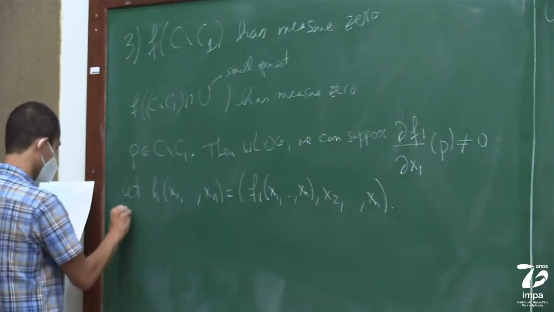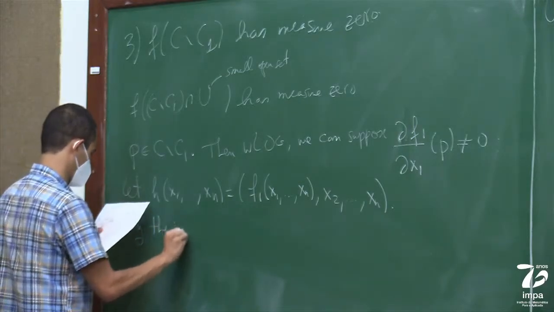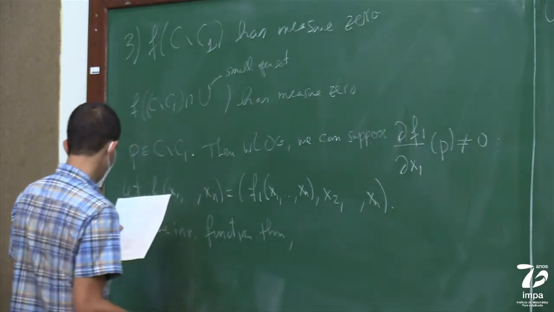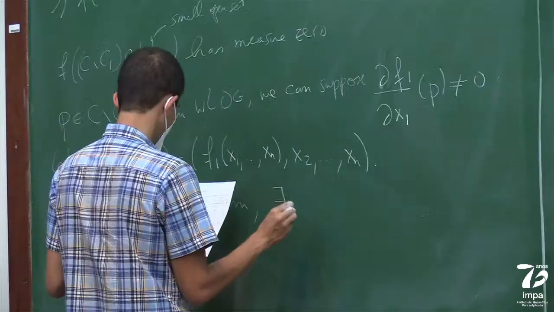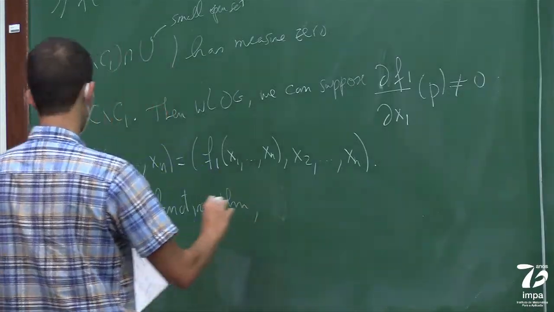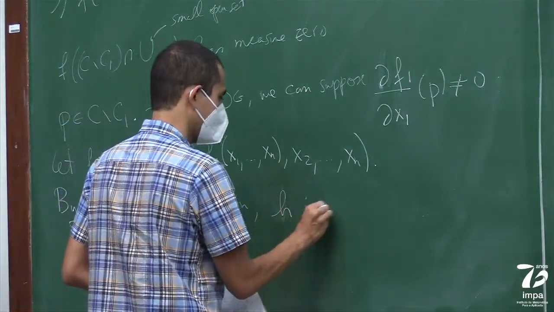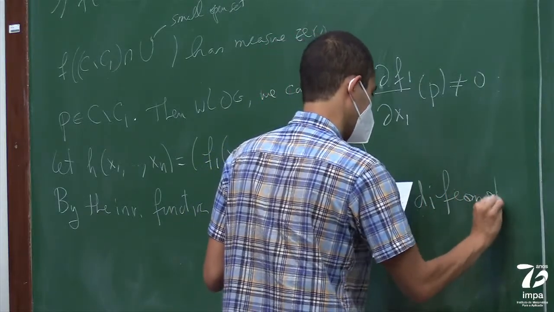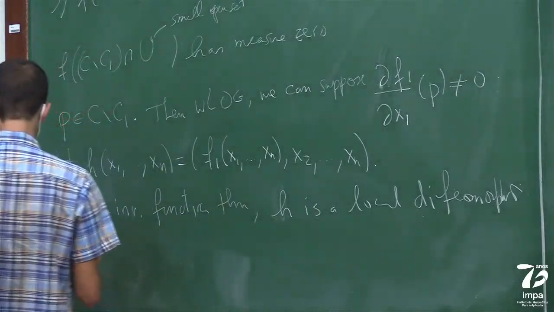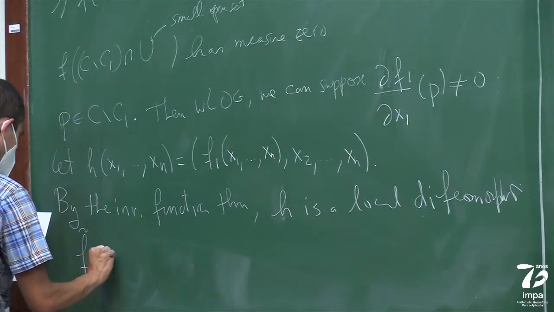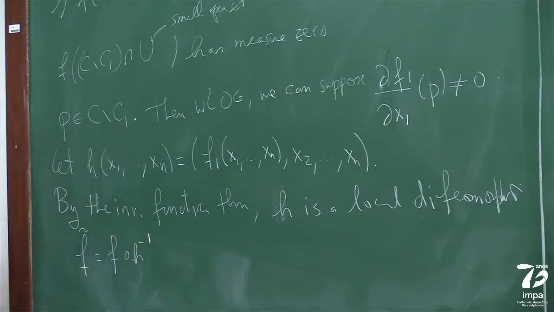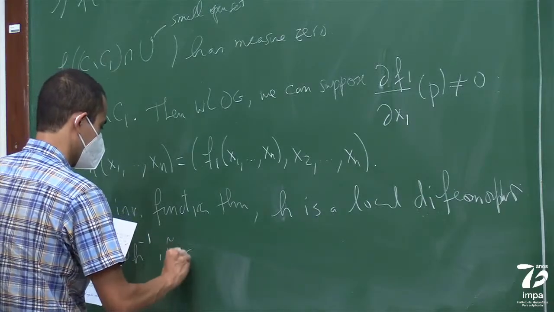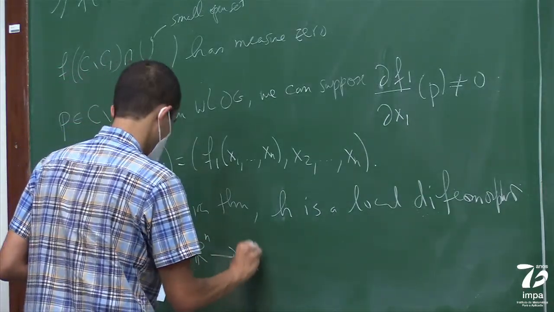So now, by the inverse function theorem, H is a local diffeomorphism. And I can write F tilde as F composed with H inverse locally, in some U tilde contained in Rn into Rn.